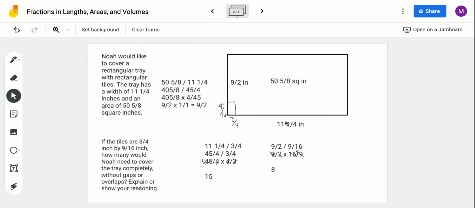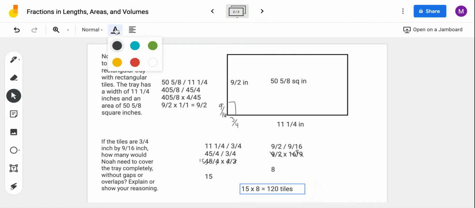So now I need to multiply 15 tiles wide times 8 tiles tall. So 15 times 8. 15 times 2 is 30, and then times 4, so it's 120. So I'm going to need 120 tiles. My final answer is 120 tiles.